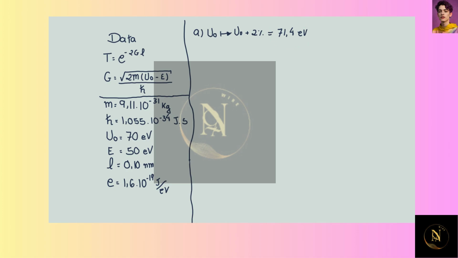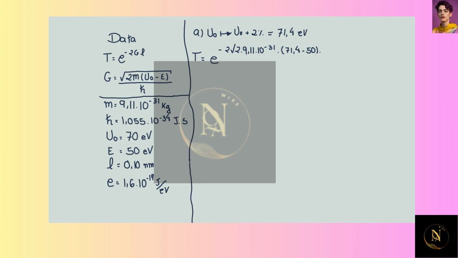Now all we have to do is evaluate this transmission coefficient again. So we have T equals exponential of minus 2 times the square root of 2 times the mass, which is 9.11 times 10 to the minus 31, times U0 minus E, 71.4 minus 50, and we have to multiply this by the electron charge, so we convert both U and E from electron volts to joules.